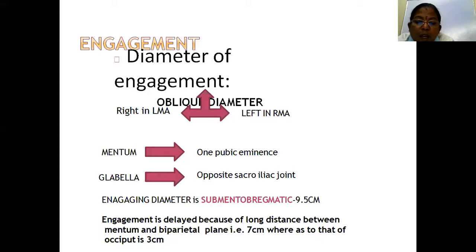Engagement is usually delayed because of the long distance between the mentum and the biparietal diameter. For the occiput, the distance to the biparietal diameter is only 3 centimeters, but for the mentum, it is 7 centimeters. So there is a delay in the engagement.